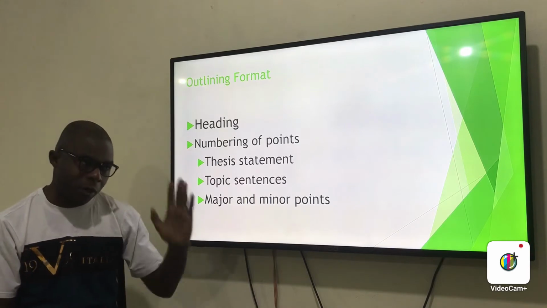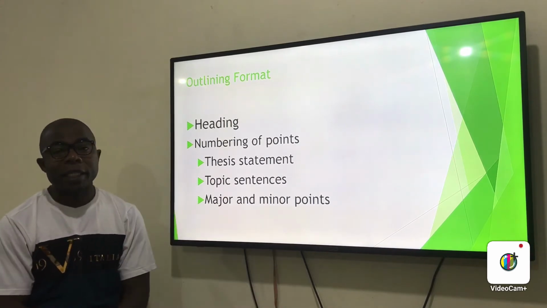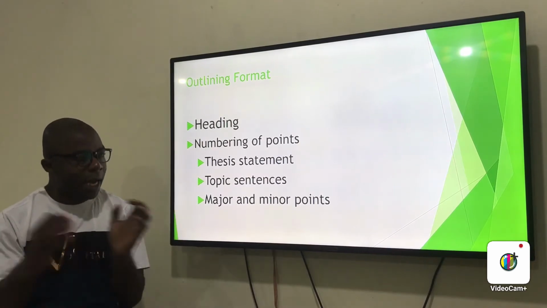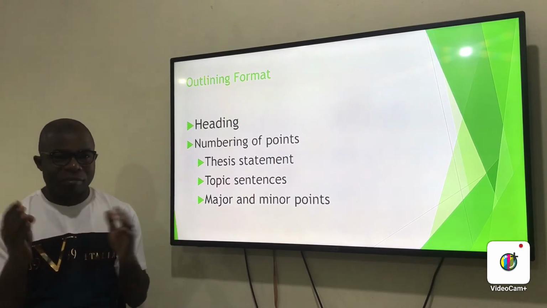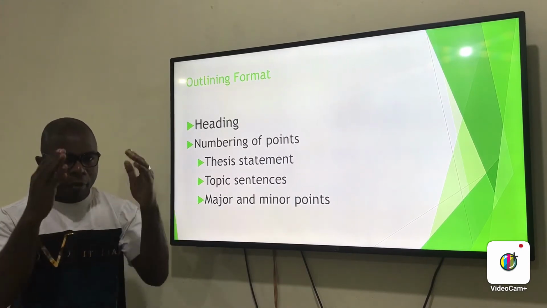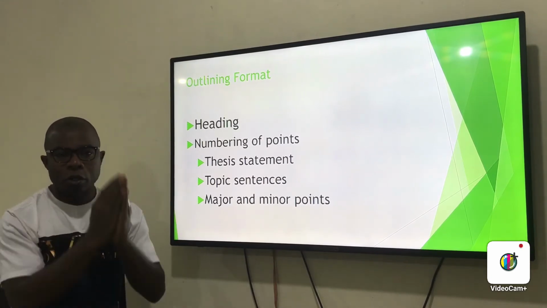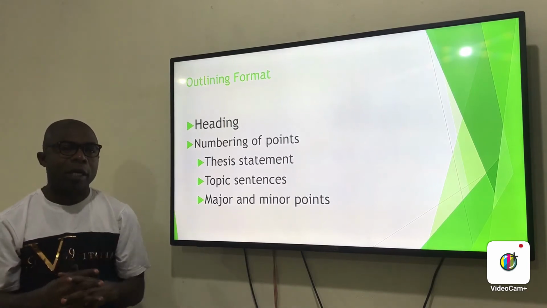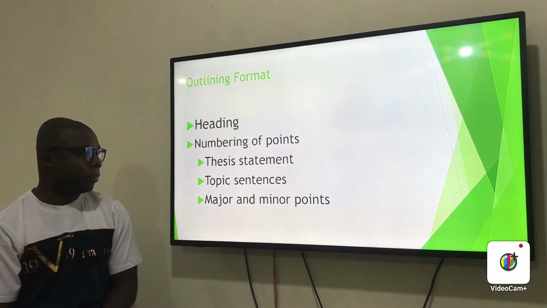Some choose some particular forms of number for the major points, another type for the minor point, and yet another for the sub-minor point, if there is any. But there is no hard and fast rule about this numbering system. You just have to be consistent to use one for your topic sentences, one for your major point, and one for your minor point. We're going to look at an example to show that.